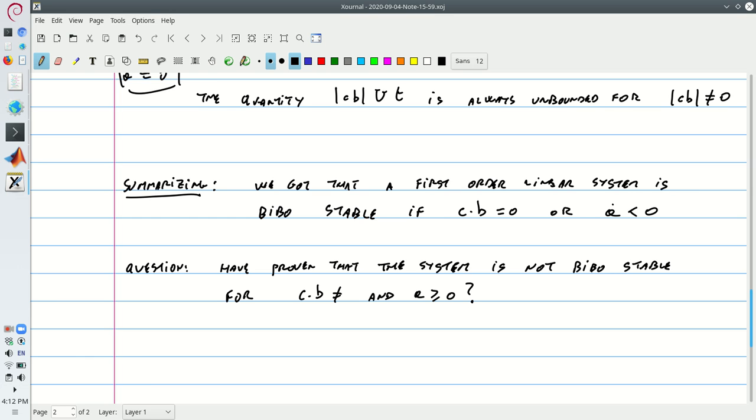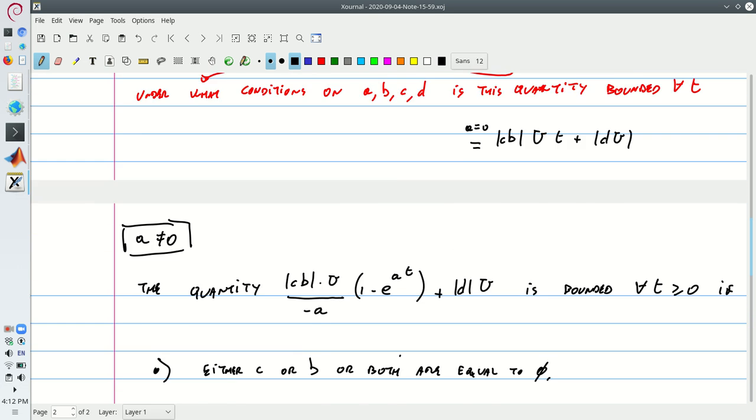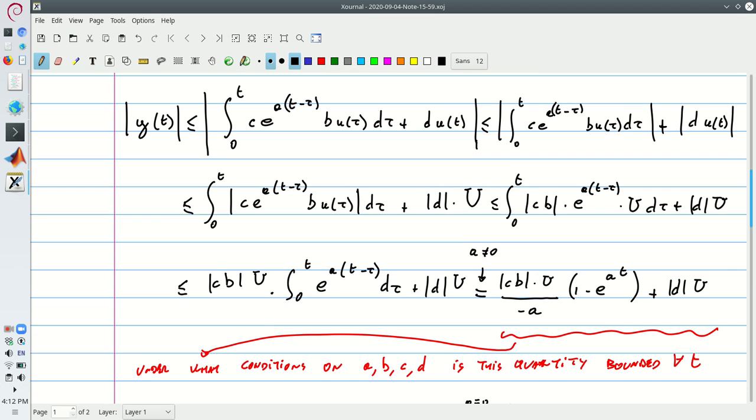And I let you think about this question. We are going to answer it as an exercise the other time. So I want you to think though about it. Have we actually proven that this is true? That this is true using this proof or not?